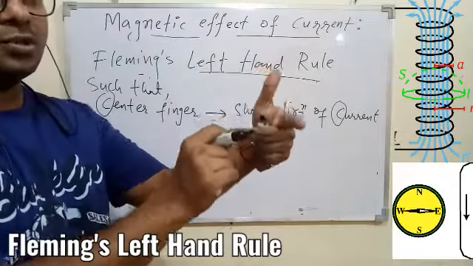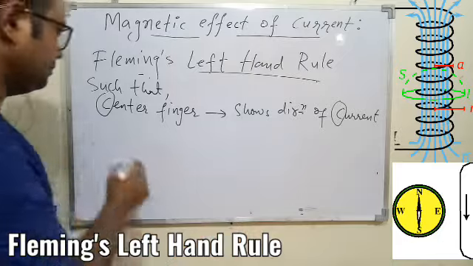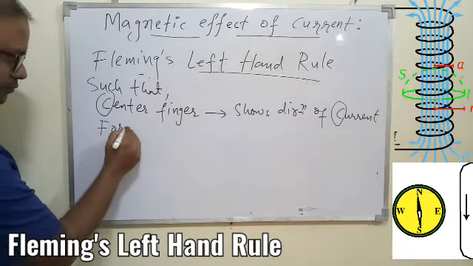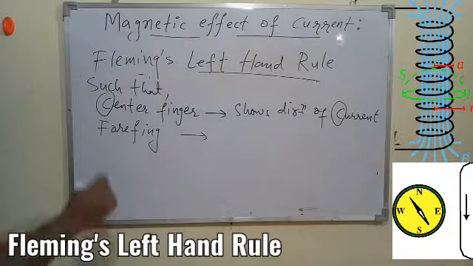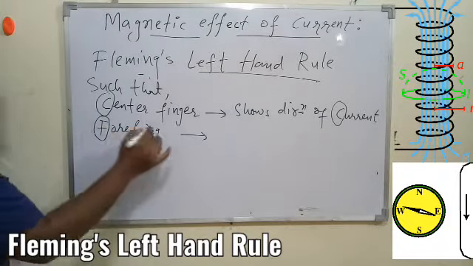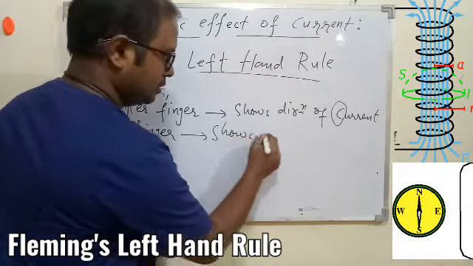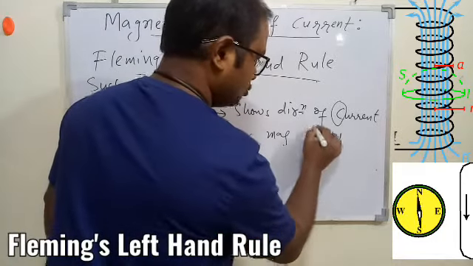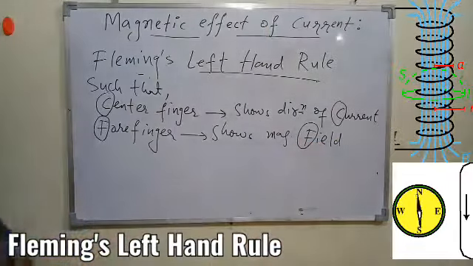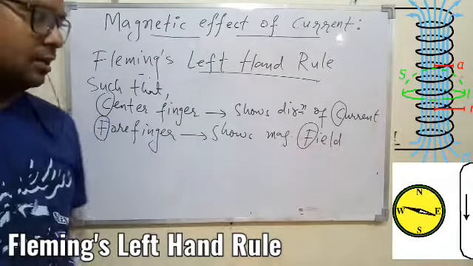So this finger shows the direction of current, which is the center finger. This is your forefinger. In the forefinger we have F, and this F is for magnetic field. So just remember field, F. So F for field, C for current.